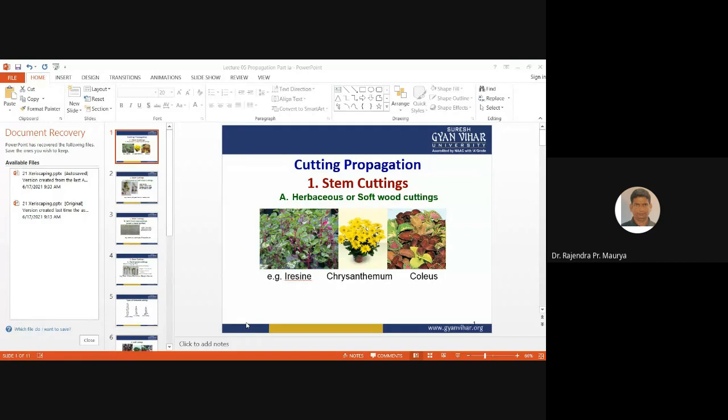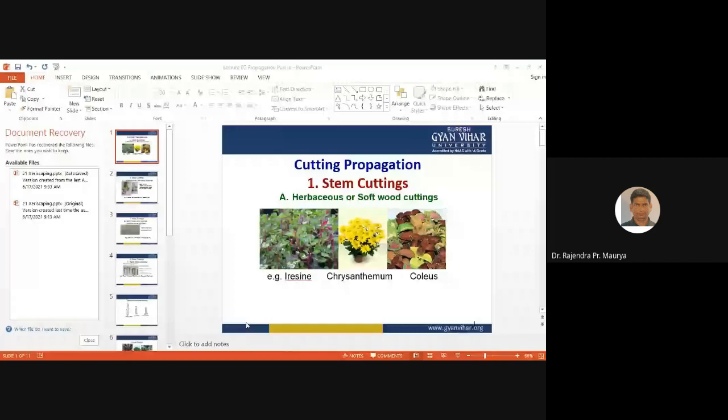Or in case of the Begonia rex, in the complete leaf we have to make pieces of that leaf and we can place them in the growing media. And same thing for the agave. We can make pieces of the leaf, and the lower part we can insert in the growing media after treating with the rooting hormone.